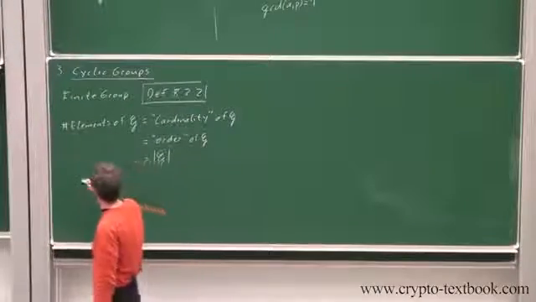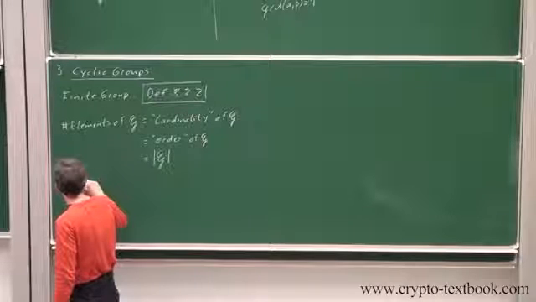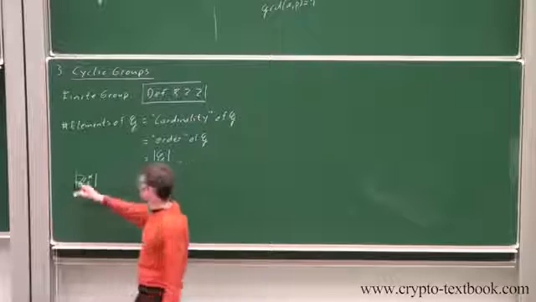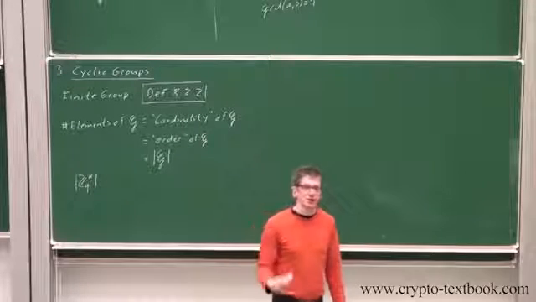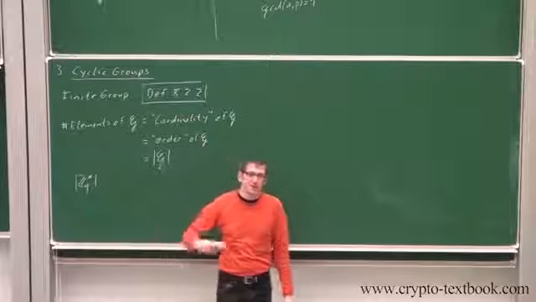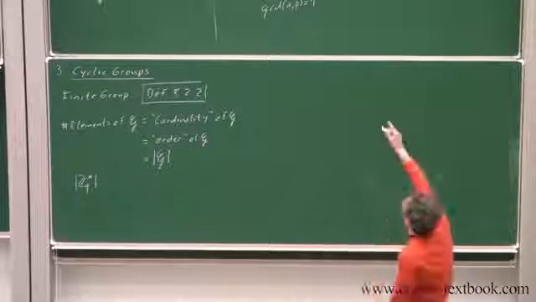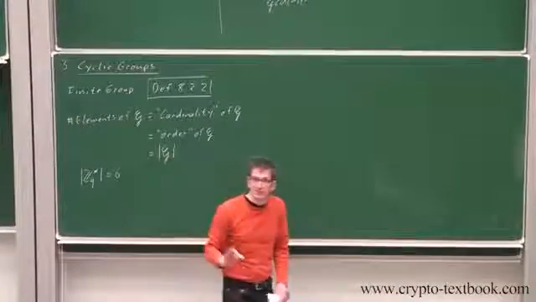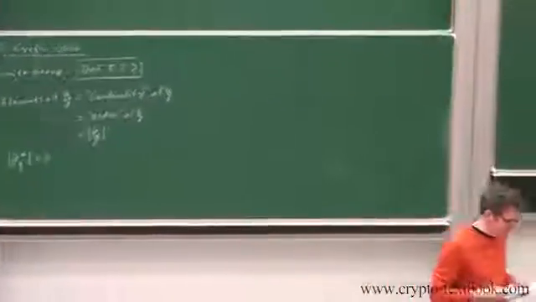For instance, what is the order of Z9 star? That means how many elements are in this group? Well, you have to look there: 1, 2, 4, 5, 7, 8. So the cardinality is 6 here. Very easy.